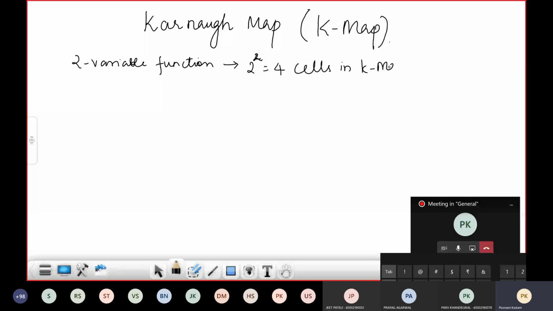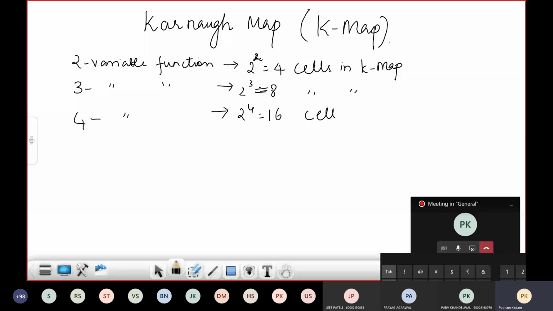A three-variable function will have 2 raised to power 3, that means 8 cells in the K-map. As I said, each cell corresponds to a unique min term of the function, and if it is a four-variable function, it will have 16 min terms. So 2 raised to 4 is 16, so 16 cells will be there in the K-map.